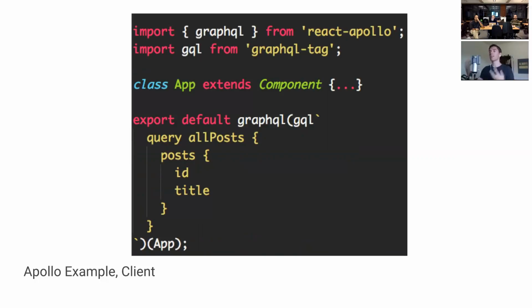What's going on behind the scenes of this GraphQL higher order component is it's going to go ahead and make that fetch request so that the data is returned. And then if you're familiar with the way React works, that data that's returned from the server is going to be passed down to our app component via props on that component.